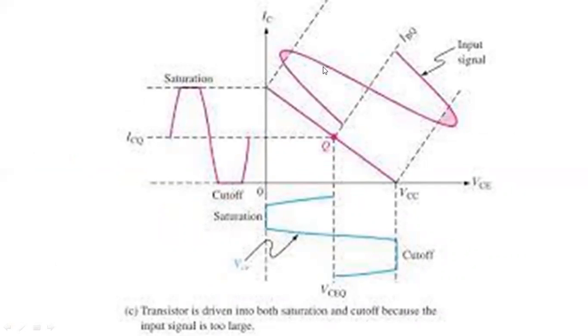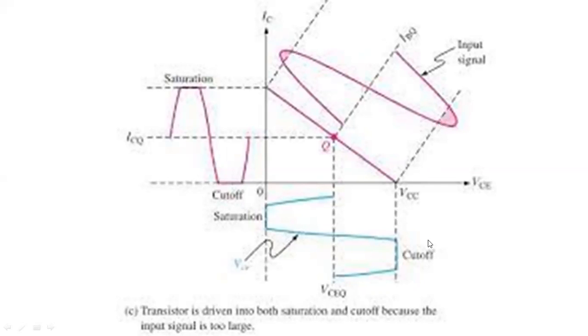If the input current is out of range, we will be in the saturation region at this point, and the information will be cut off, this portion will be cut off. Similarly, in the cutoff region, if the input signal is out of range, the output current IC at this point will get cut off, so there will be a cutoff of the signal for whatever input is applied.